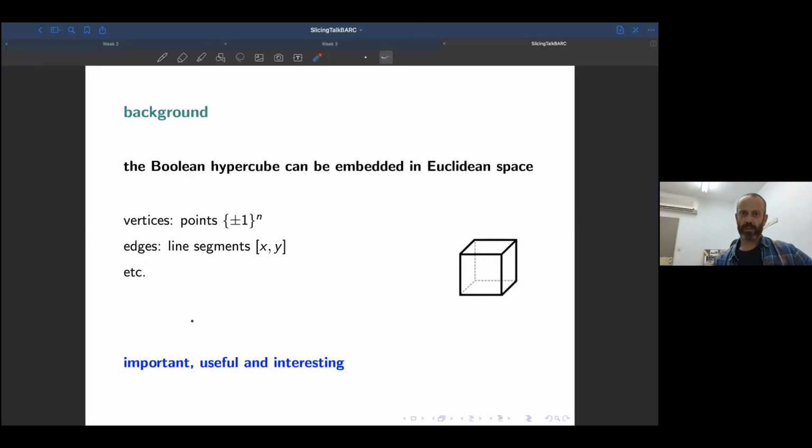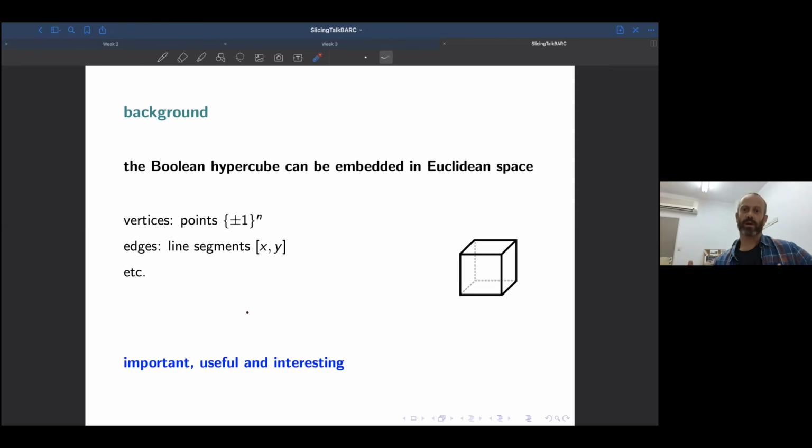The Boolean hypercube is a discrete object, but it can be naturally embedded inside Euclidean space, where points are just points in Euclidean space, and edges, for example, two different vertices that are different in a single coordinate are connected by an edge in the graph sense. So we can implement these edges as straight lines inside Euclidean space.